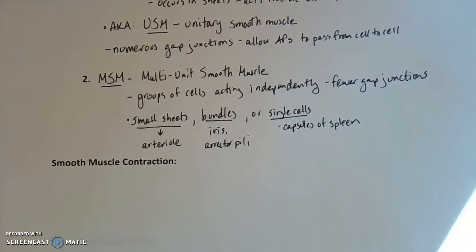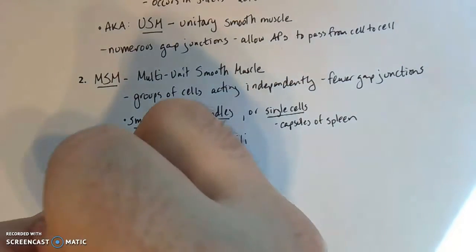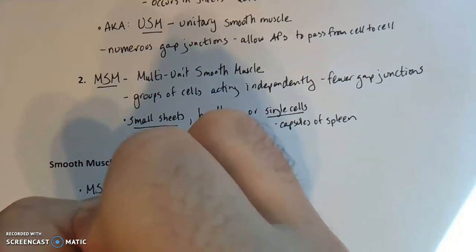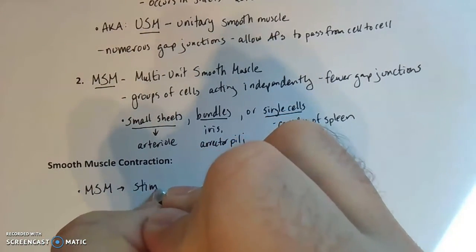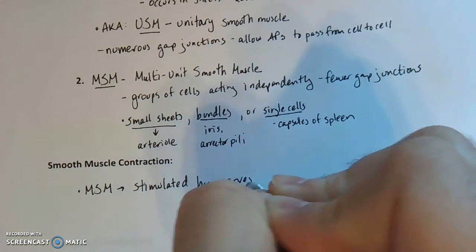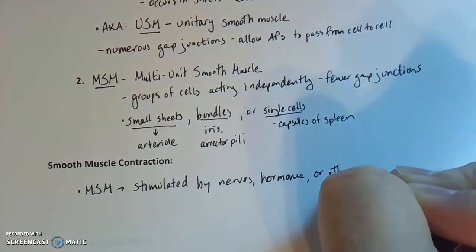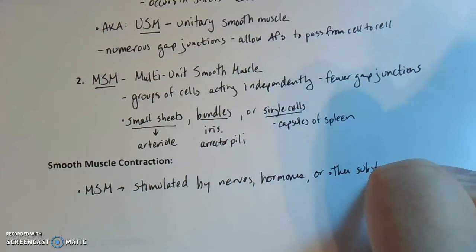Now, smooth muscle contraction is generated by different things. Because this is involuntary, we have to have different triggers for it. We can't just say, okay, I'm going to move food through my esophagus. It doesn't work like that. So with MSM, it can be stimulated by nerves, hormones, or other chemical substances in the body.